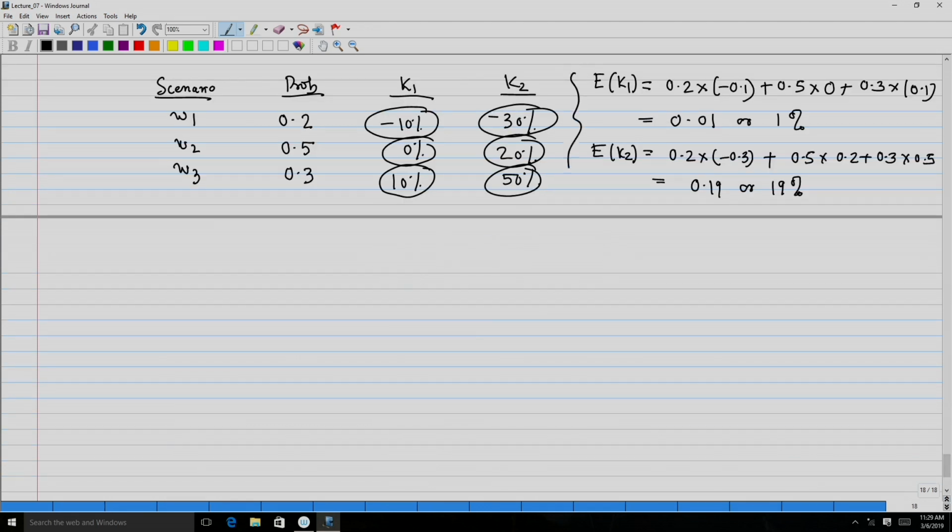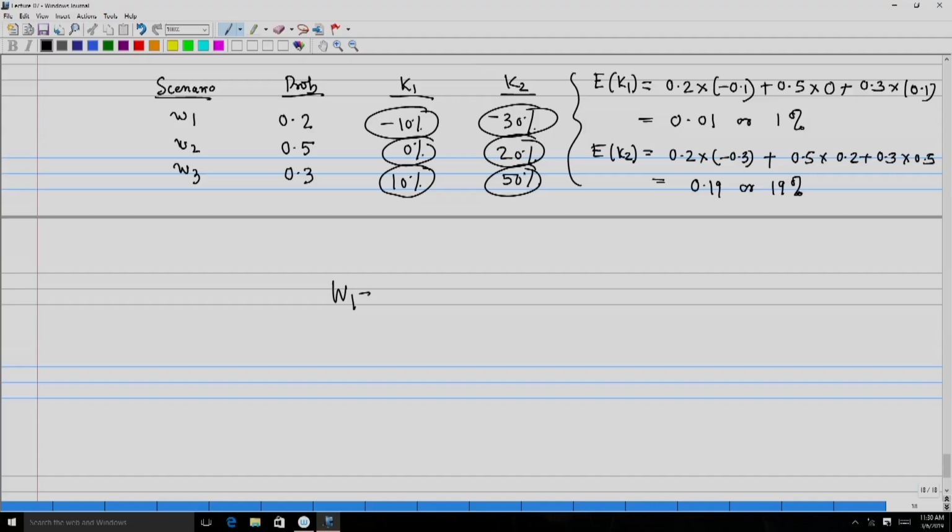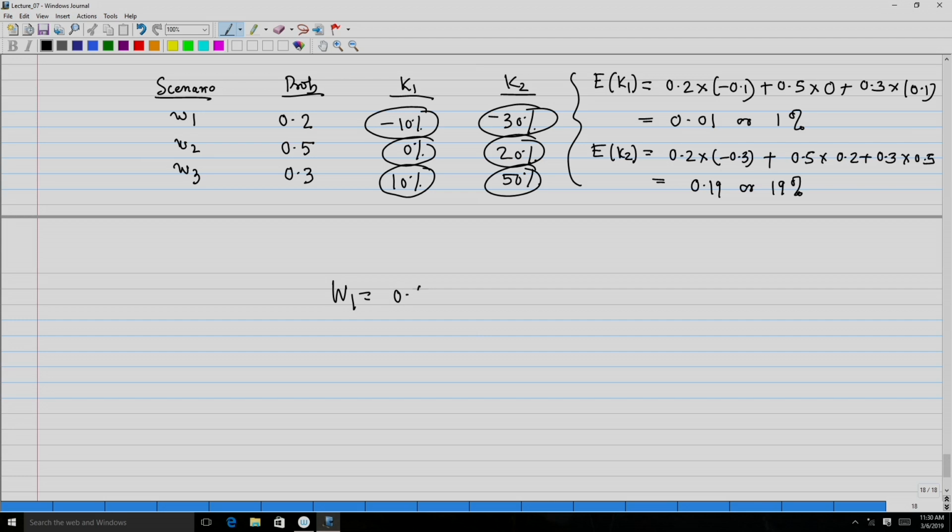Alright, so I have got these expected returns. So now suppose we decide to invest in these two assets. So we specify the weights being W1 equal to 0.6 or 60% and W2 equal to 0.4 or 40%.